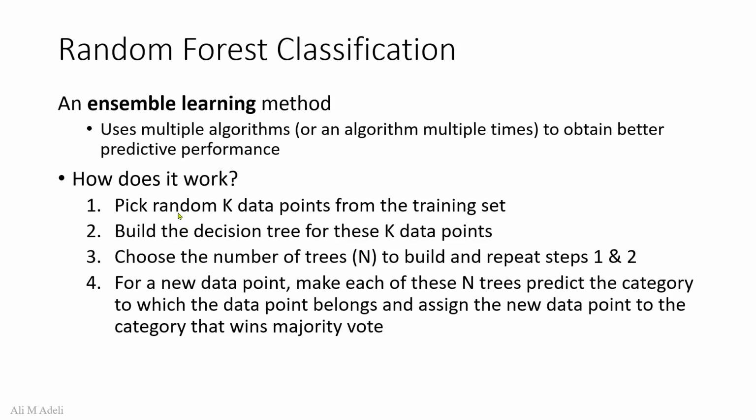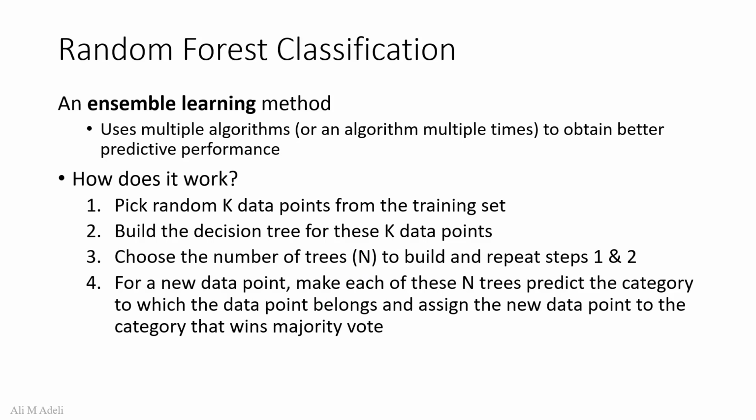For each tree, it picks a random subset of k data points from our data set, and then it builds a decision tree based on that. It repeats this process for each of the trees. Let's say we specify 10 trees. Now for a new data point, it's going to feed it to each tree, and each decision tree is going to make a prediction.